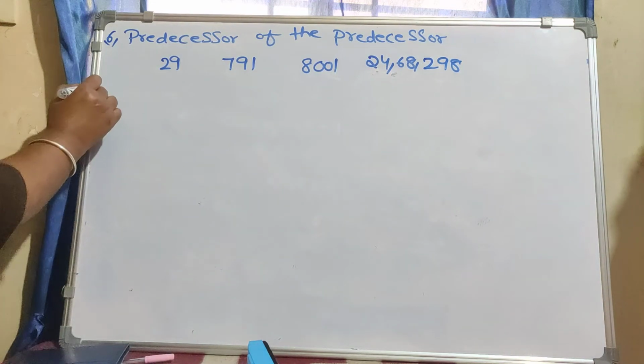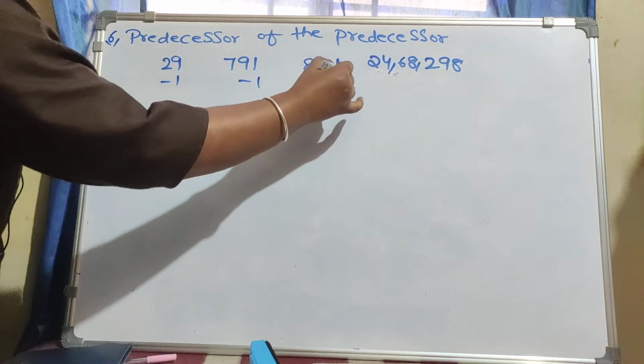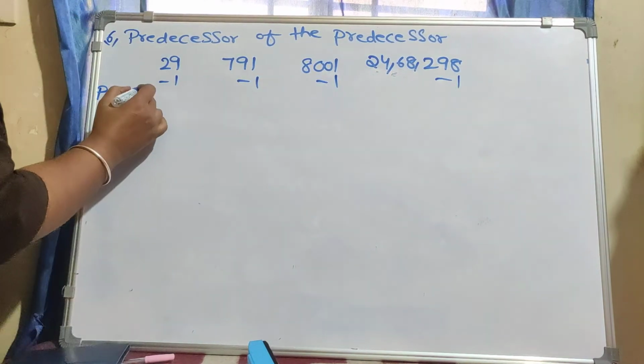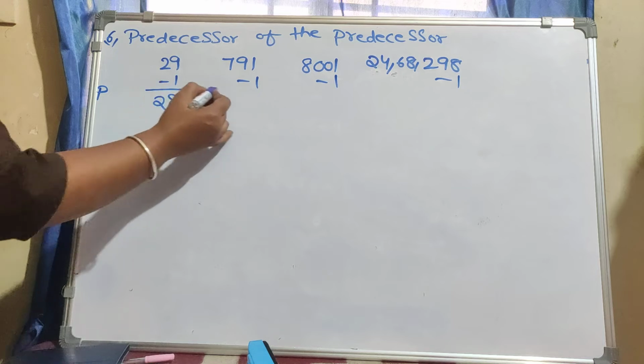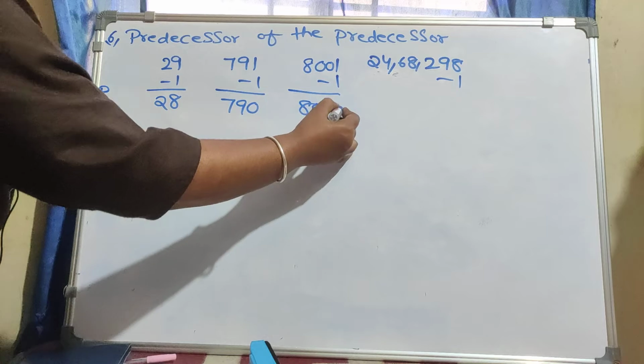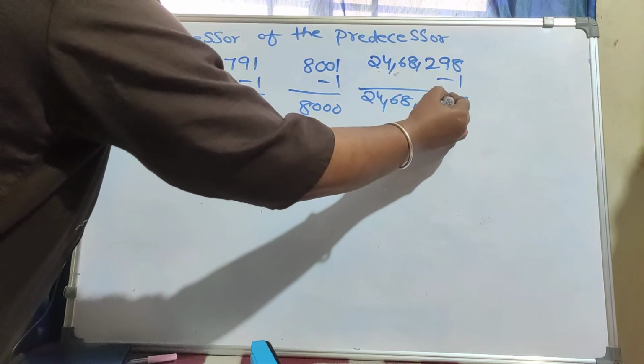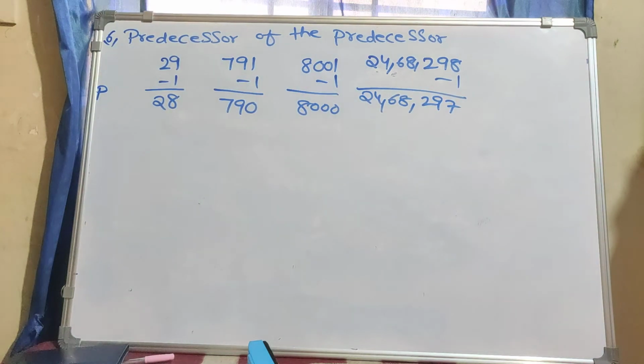Now, what is the predecessor? Minus 1, minus 1, minus 1 and everywhere minus 1. This is 28,790,8,000,24,68,297. This is the predecessor.